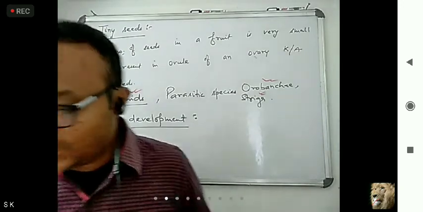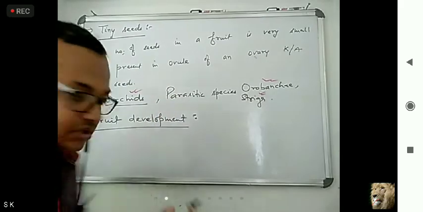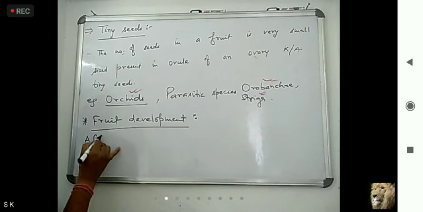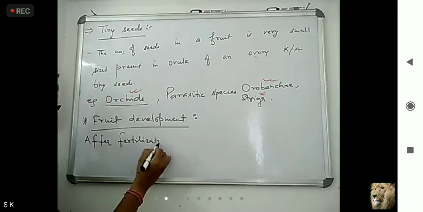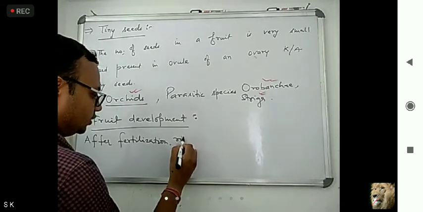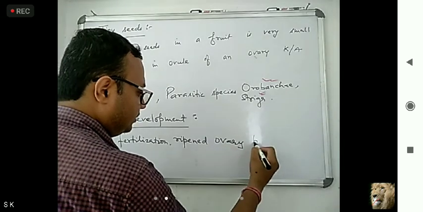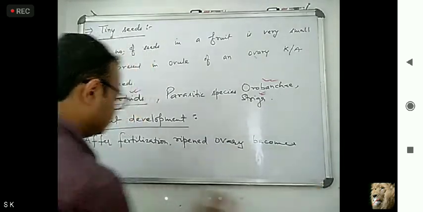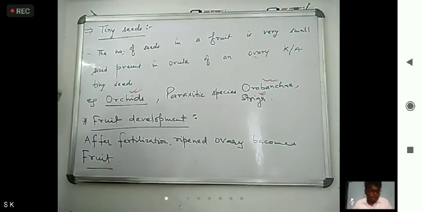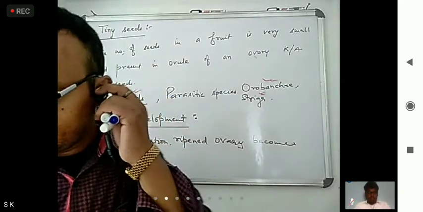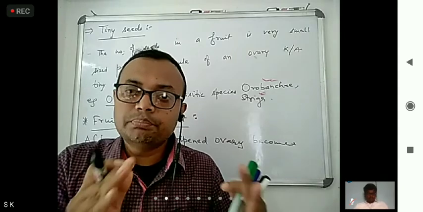After fertilization, the ripened ovary becomes fruit. Okay, ripened ovary becomes what? Fruit.